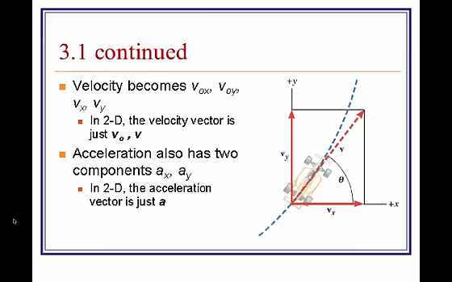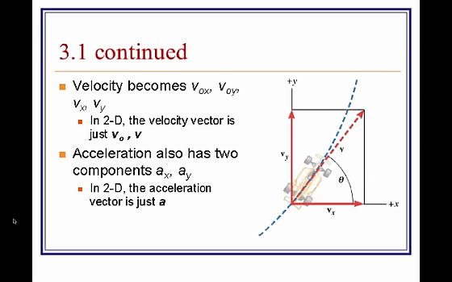Keep in mind that when asked to solve for the velocity of something in two dimensions, it is not merely asking you to solve for the velocity in the x direction or the velocity in the y direction. Those are just components for the resultant of that total velocity. So you need to use both of those values and the Pythagorean theorem, or if you know the angle, you can use some trig too, to solve for either the initial velocity or the final velocity, depending on what the question is asking.